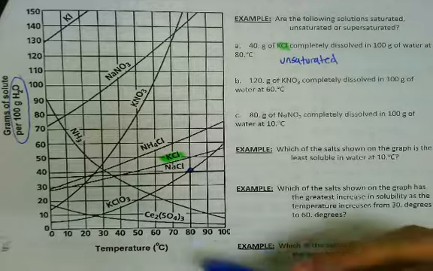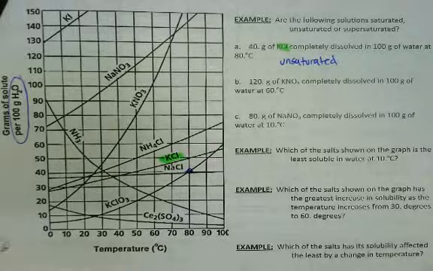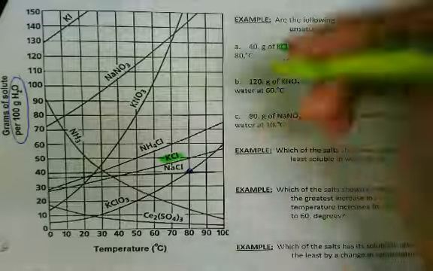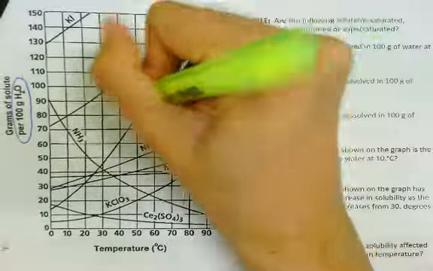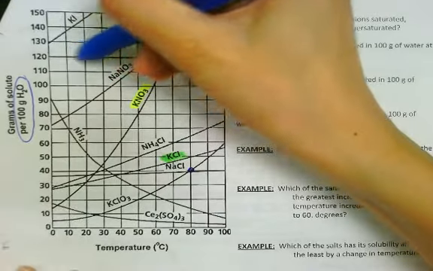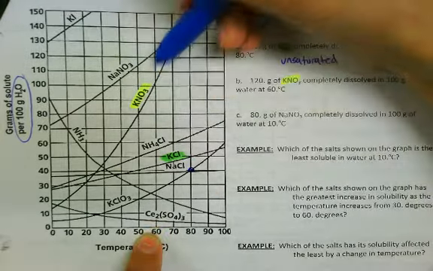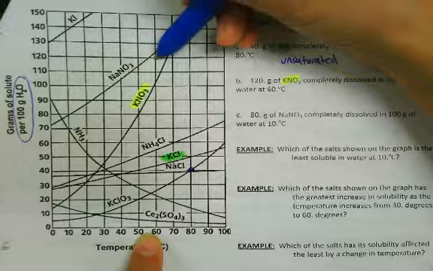This solution is saturated at 80 degrees Celsius with 50 grams, not 40. What about KNO3, okay? KNO3. We've got 120 grams. There's my 120 grams. Completely dissolved in water at 60 degrees Celsius.